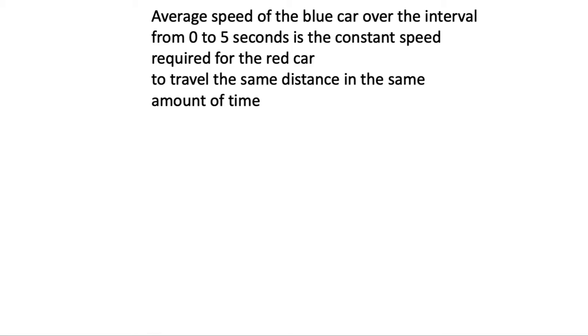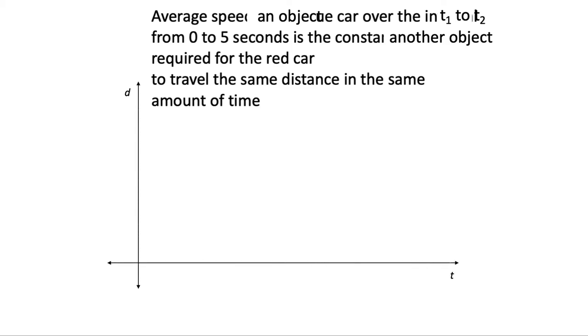The average speed of an object over t1 to t2 is the constant speed required for another object to travel the same distance in the same amount of time. We can think of this graphically as well.